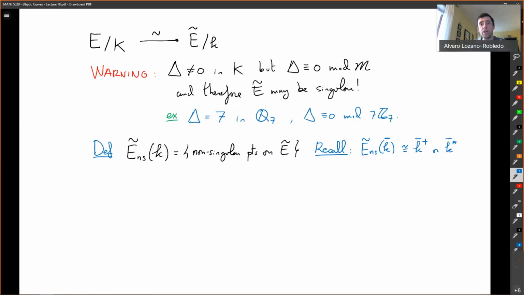Depending on the reduction type, the non-singular points themselves form another group instead of the group you have when you have the full non-singular elliptic curve.